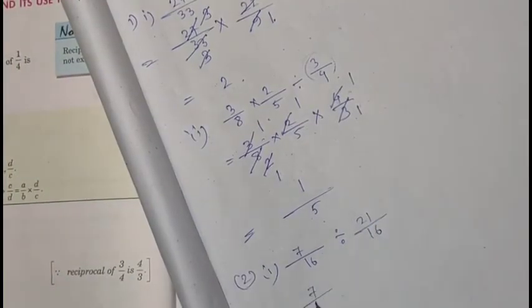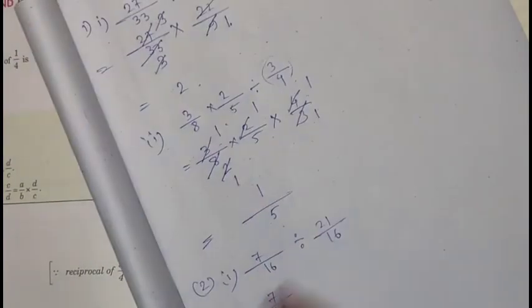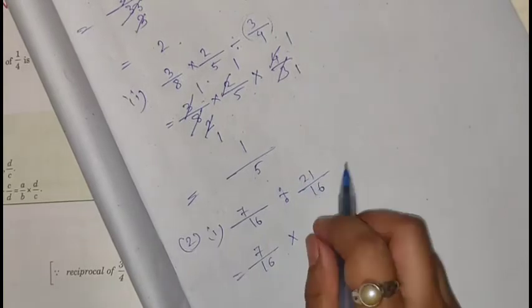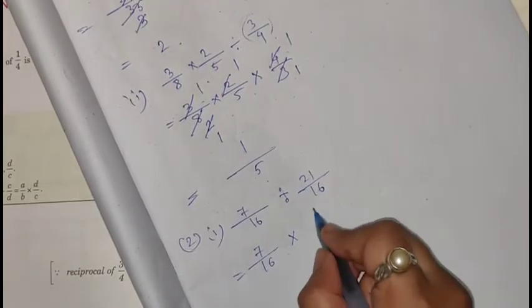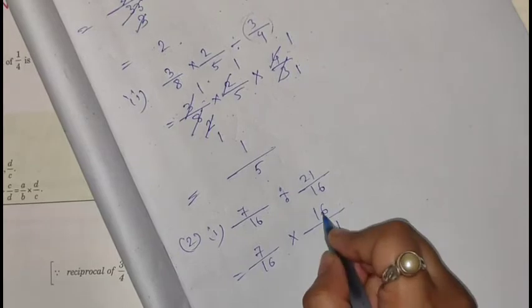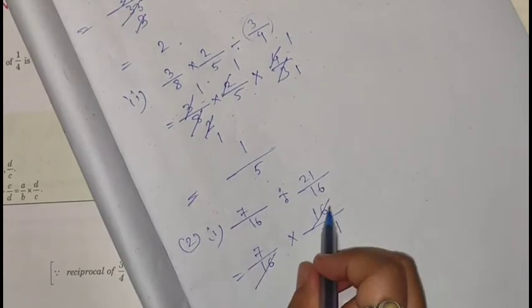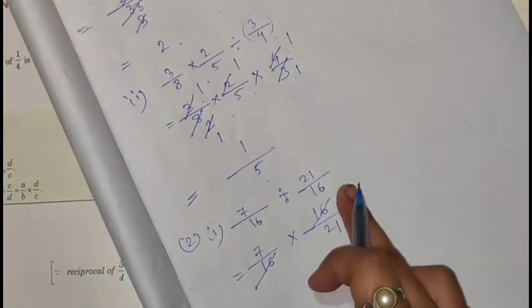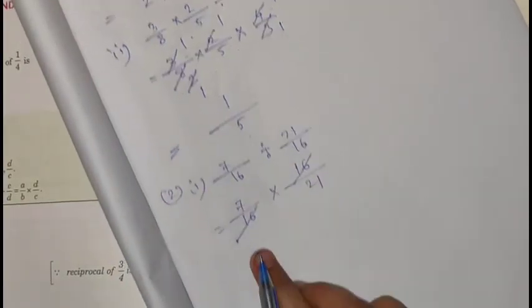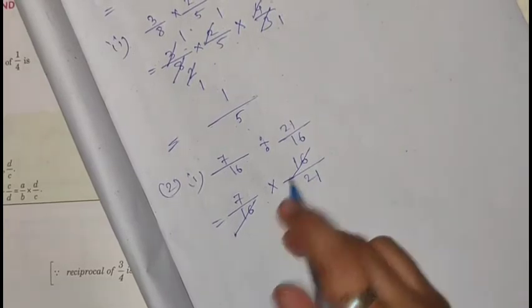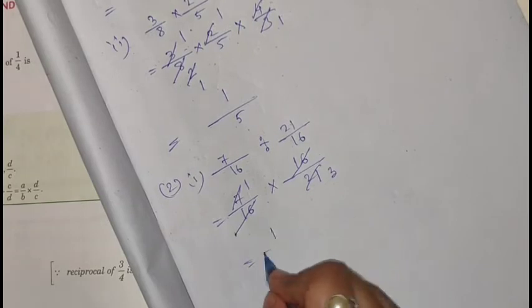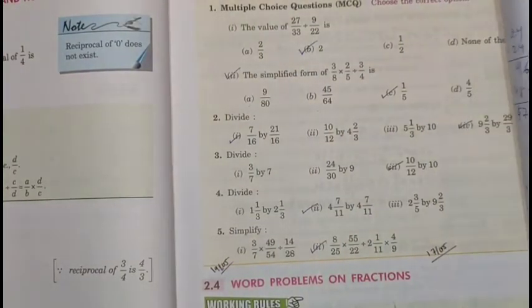So 7 by 16, and this sign changes to multiplication and 21 by 16 changes to its reciprocal form, that is 16 by 21. 16 আমরা ক্যান্সেল করে দিতে পারি. 16 1s are 16. Don't need to write here 1. 7 1s are 7, 7 3s are 21. So the answer will be 1 by 3.